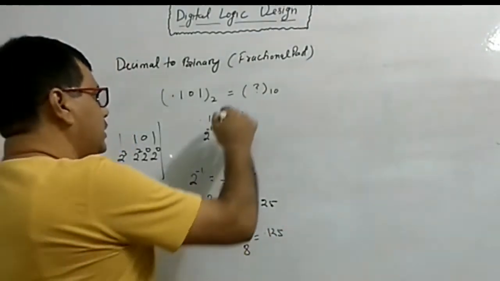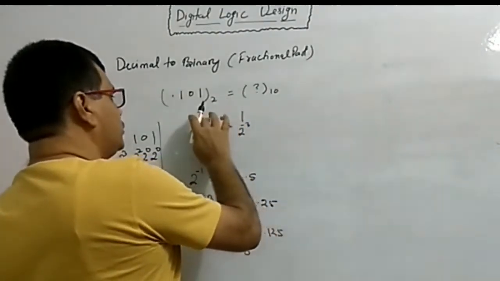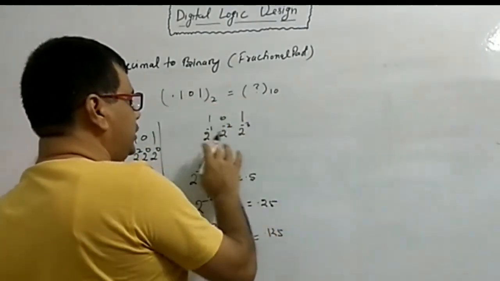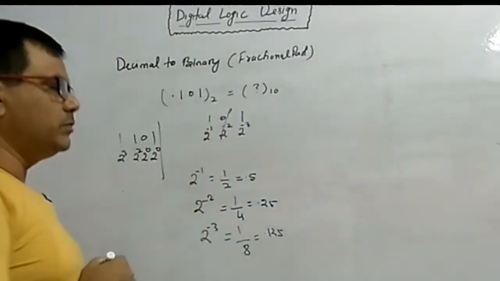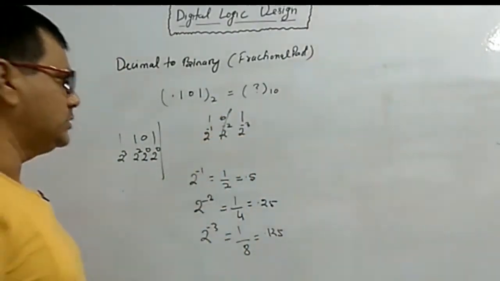So here, if you want to convert 0.101 into the equivalent decimal, the 0 will be cancelled because 0 multiplied by the weight is 0.